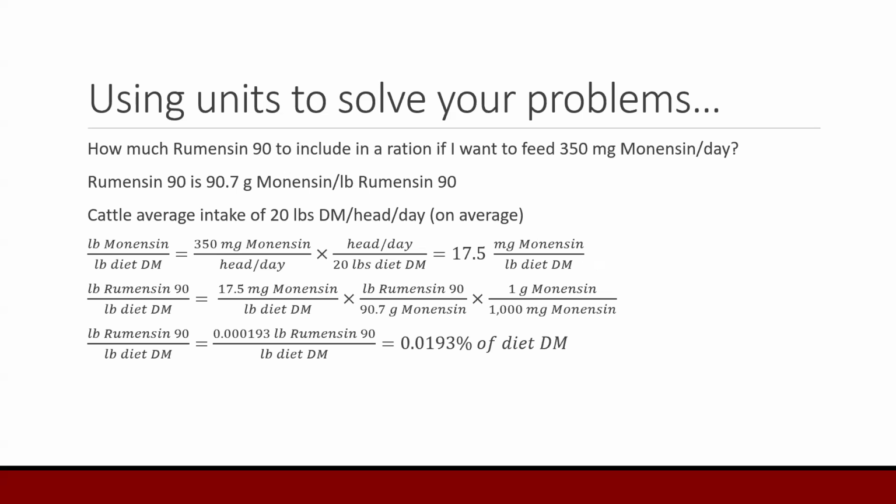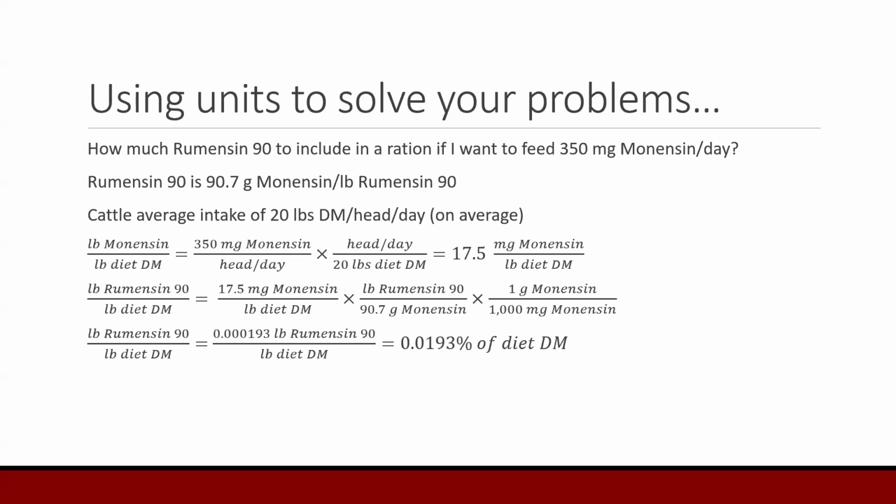So I need to include Rumensin 90 at an inclusion that will bring 17.5 milligrams of monensin per pound of diet. So I can calculate how many pounds of Rumensin 90 I need to add to the total diet in a type C medicated feed.